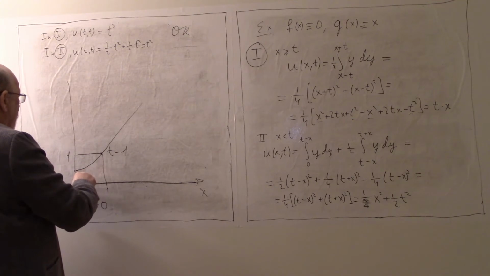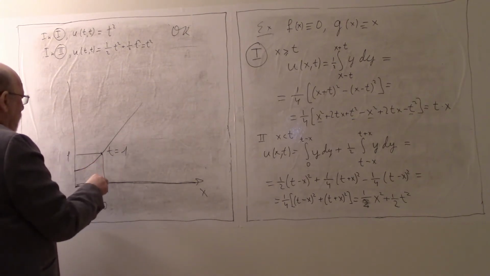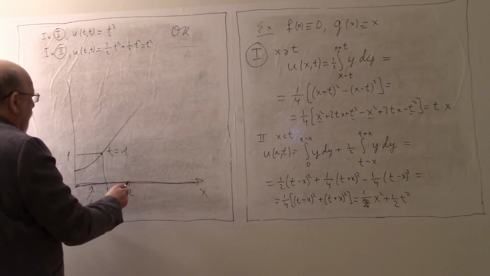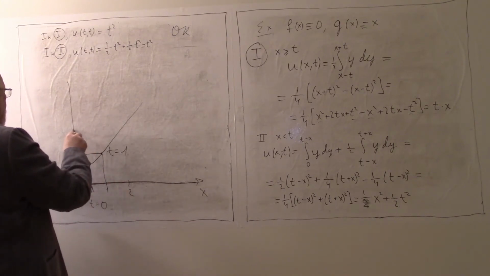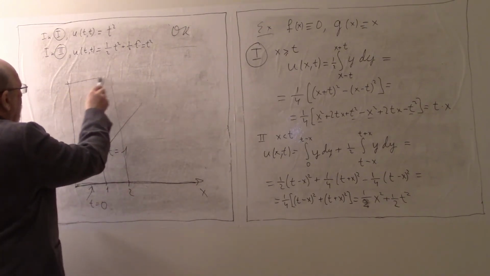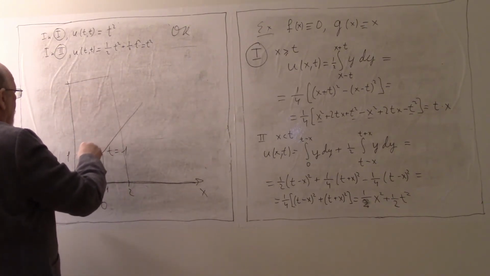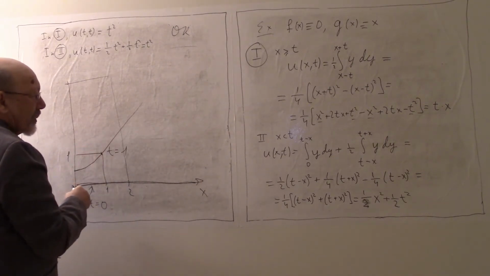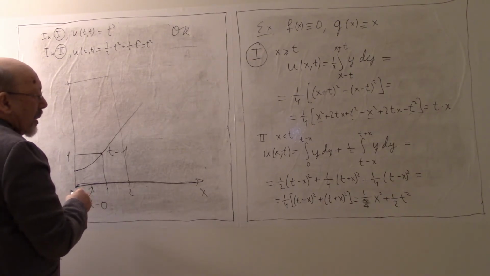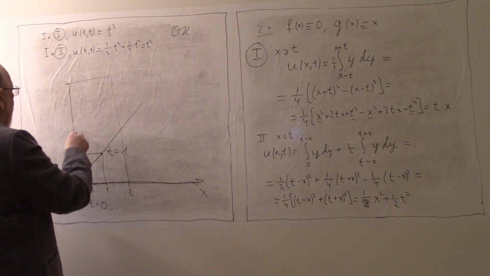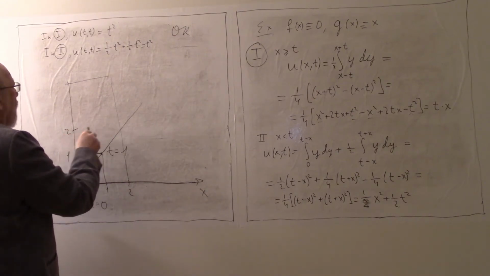For t equal 2, here 1, 2, 3, 4. Here, let me draw it. And here is 1/2 t squared, it is 2.